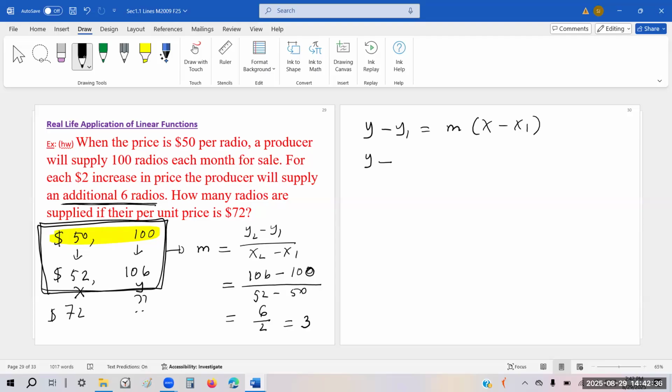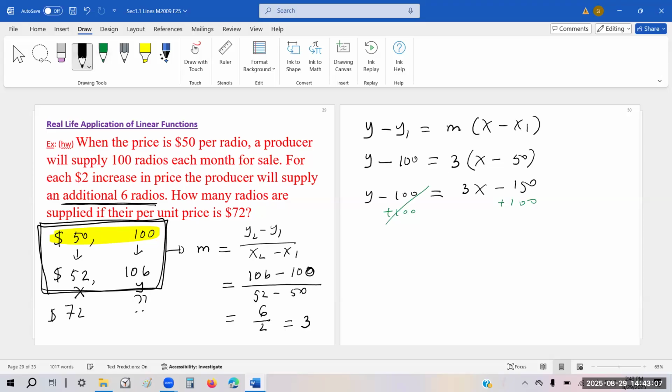So our y1 is 100, slope we found 3, and our x1 is 50. Y minus 100 equals what? What do you do on the other side? 3x minus 150. And then the last thing, add 100.